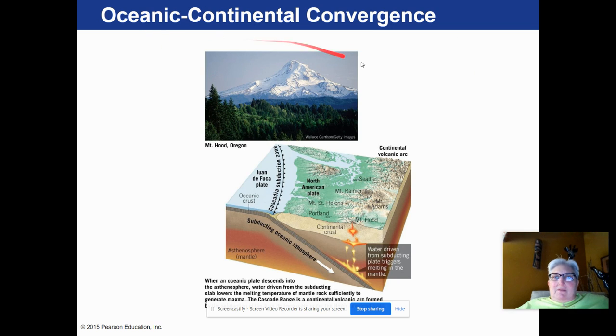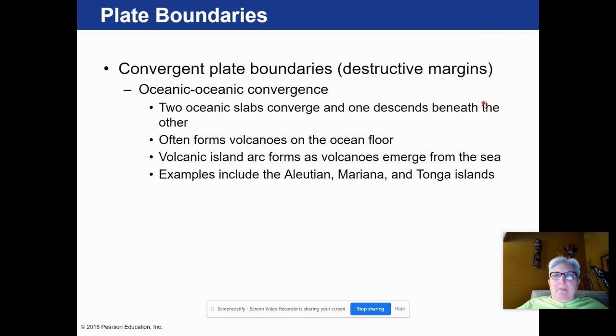And then the third type is oceanic-continental convergence, right? So we're going to have a continent moving, and that oceanic plate kind of falling down into the asthenosphere as the continent moves above it. So with our convergent plate boundaries, we have a couple different ways that this happens.